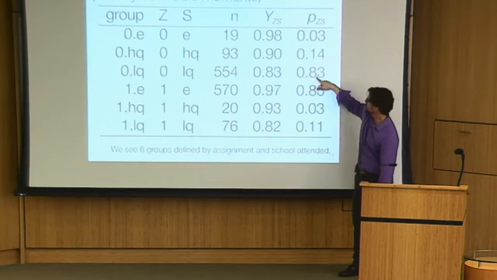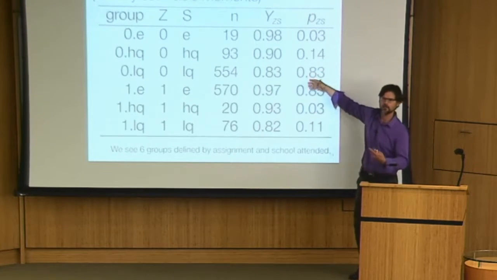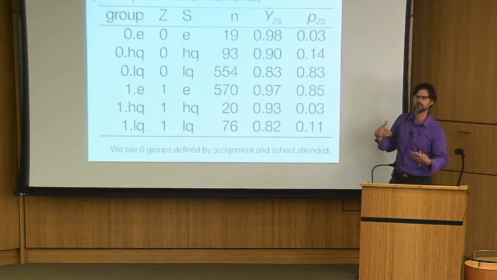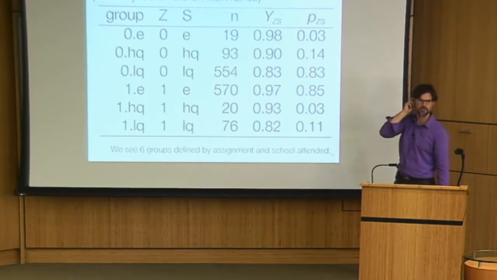So if we subtract 11% from this, we get 72%. So 72% of our sample must be low-quality compliers. This is an example of backing out the always taker information to learn about the compliers that are hidden. Does that make sense?